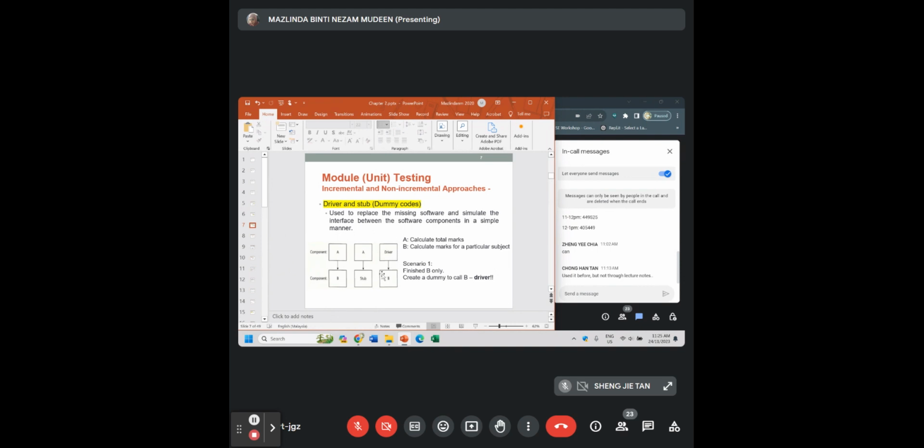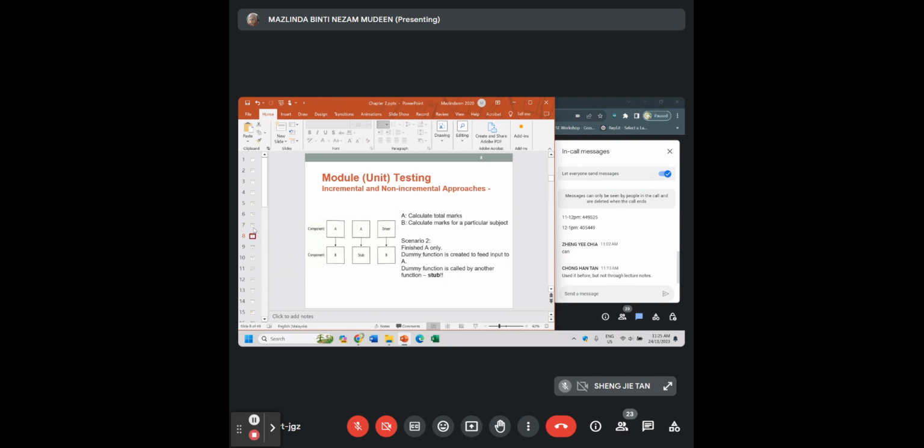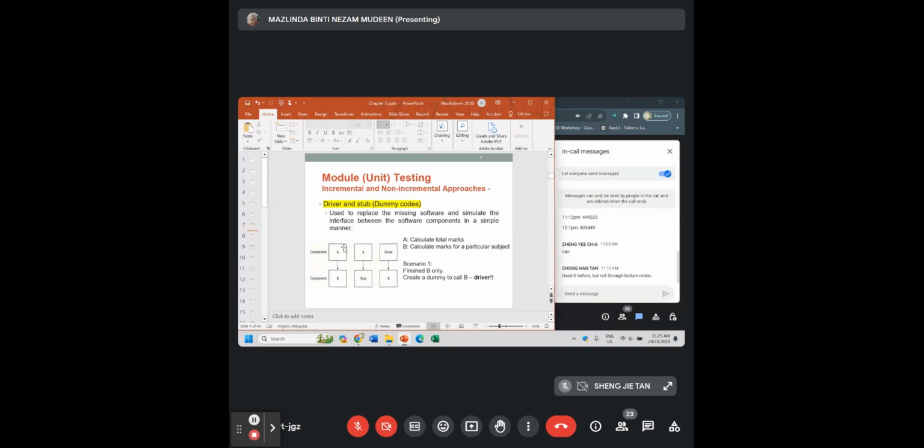So when will we use the driver, and when will we use the stub? It's a simple component. We have component A and component B. If we have completed component A, then we need a stub. If we have completed component B, we need a driver. A actually calculates the total marks.